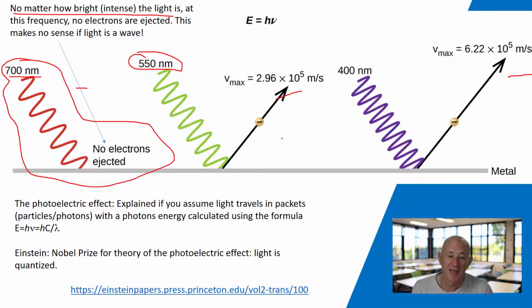He then went on with some very fancy mathematics to figure out that if you assume that light actually does behave in these little packets, now called photons, you can then derive an equation to calculate how much energy is in a particular photon.